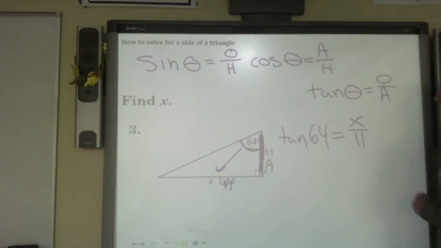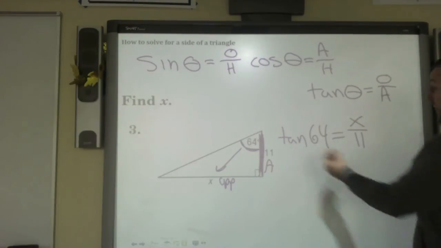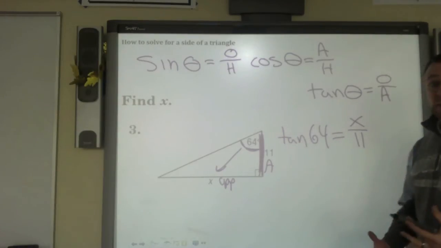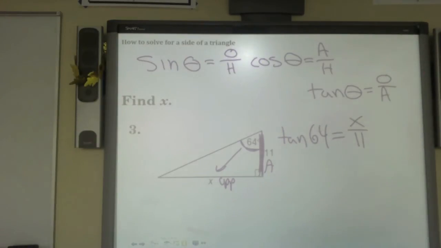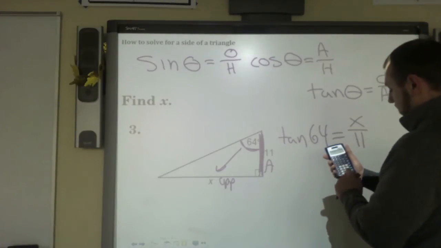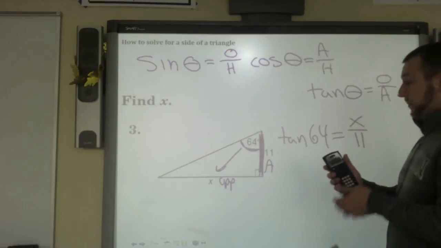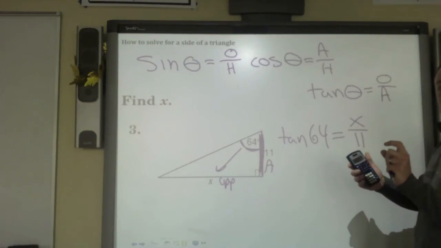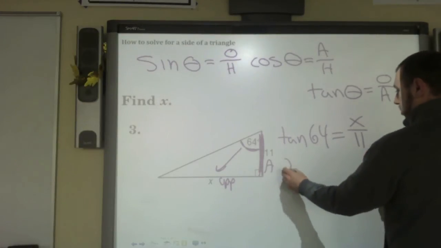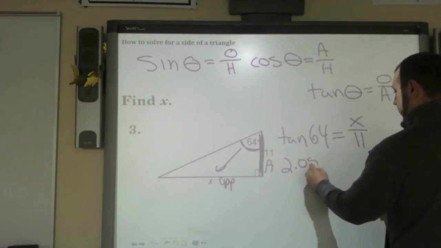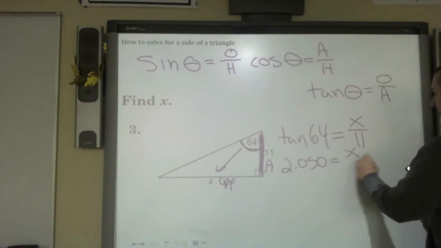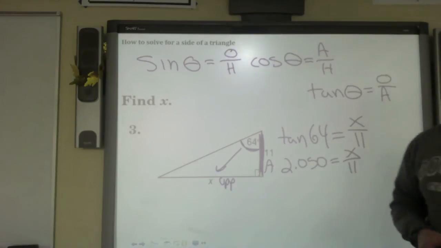Now what I do is I take that tangent and I plug it into my calculator. So I would hit just the tan of 64, and it comes out to be a big long decimal. I'm going to take the first three decimal places. So I'm going to say it's 2.050 equals x over 11. Now, what we've been doing is creating proportions out of that.